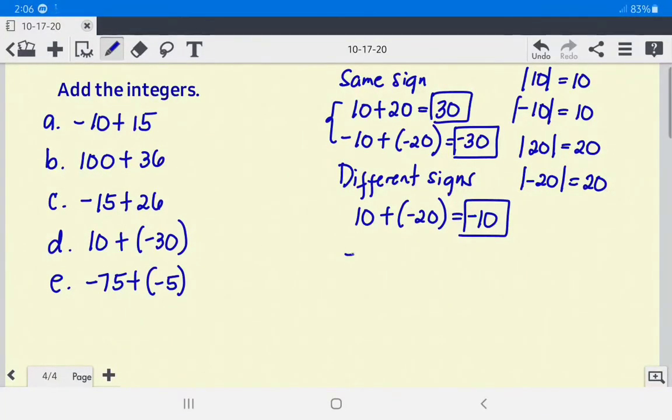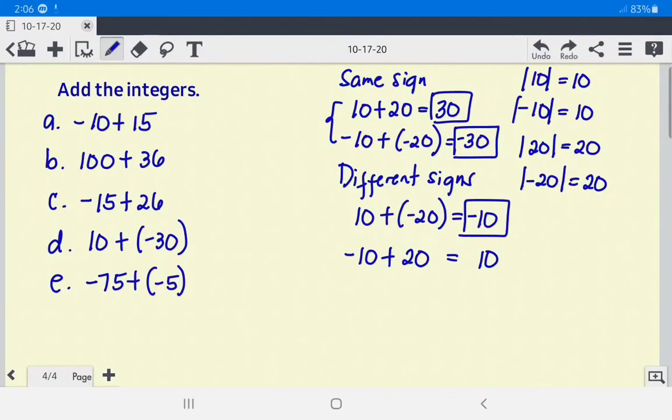Then next we have negative 10 plus 20. Okay. So again, you're going to subtract the smaller absolute value from the larger absolute value. So we have 20 minus the absolute value of negative 10, which is 10. So 20 minus 10, we have 10. Then what is the sign of the bigger value?